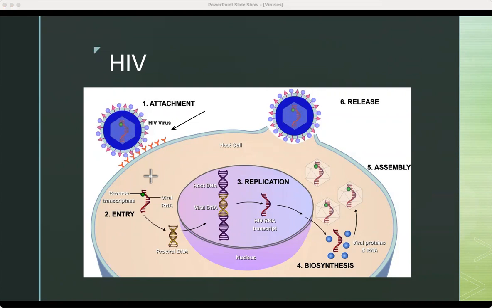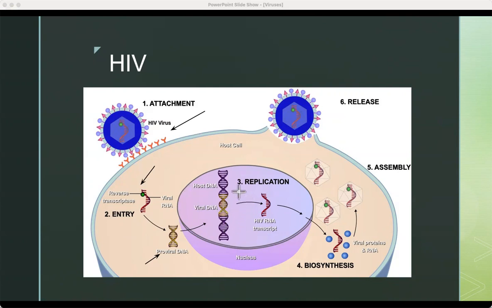Also, the viral enzyme called reverse transcriptase. Now, reverse transcriptase makes viral DNA from RNA. Now, it's usually the opposite. The viral DNA enters the nucleus of the host cell and it incorporates into the host cell DNA, just like we see with a prophage.